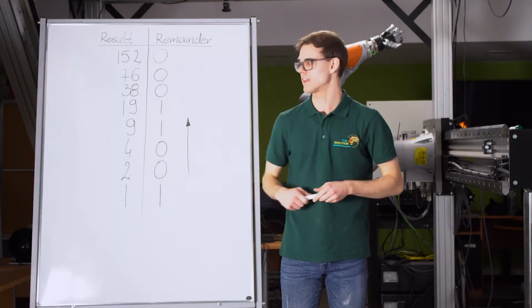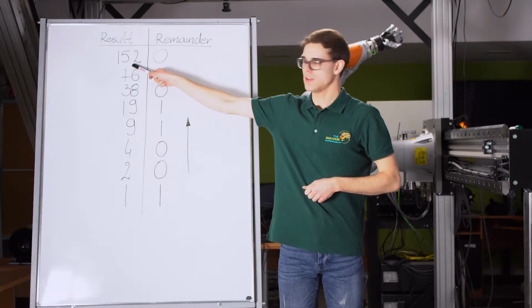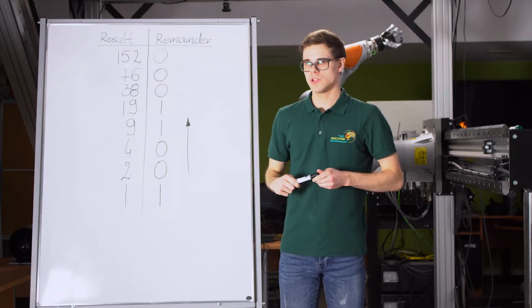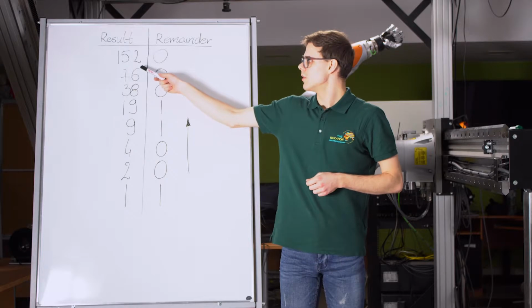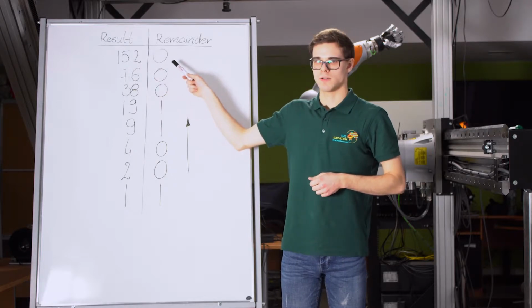In order to convert a decimal number into a binary number, you need to divide your number by 2 and write down the remainder.